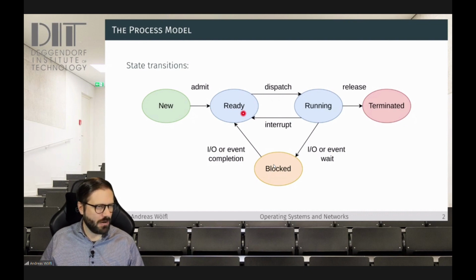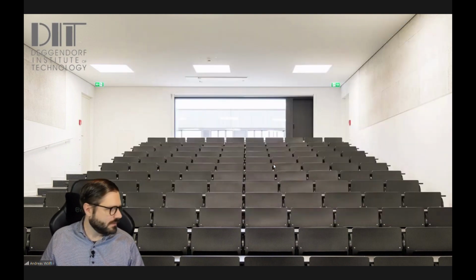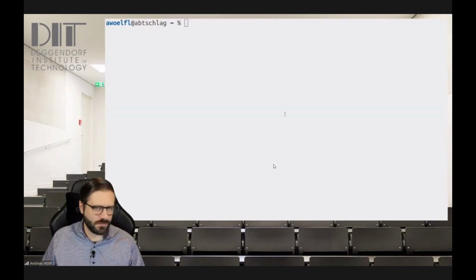Did I show you how many processes there are in a system? If not, I will do it right now. Oh, I have to configure this. Yeah. So you should see my shell. The ps command is used to show all the processes that are currently running.